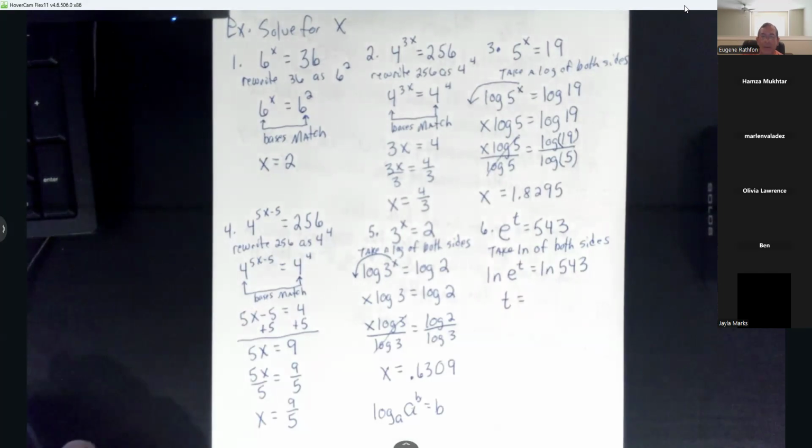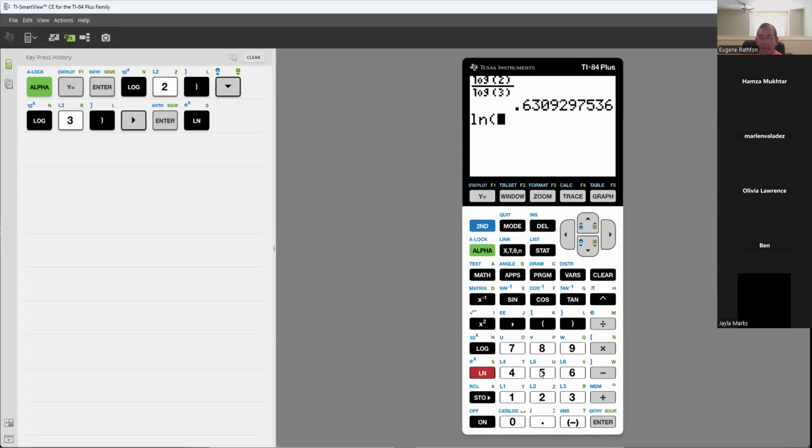So y'all, let's go knock out the ln of 543. So there's my ln. Put in my 543 and enter. All right, so I got 6 point, let's see what we got, 297. The 1 has a 0 after it, so I'll leave that a 1.